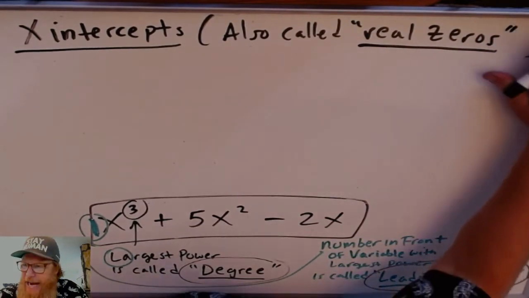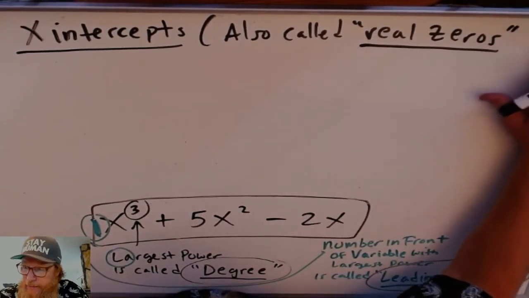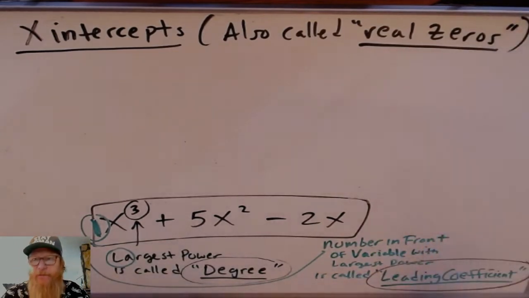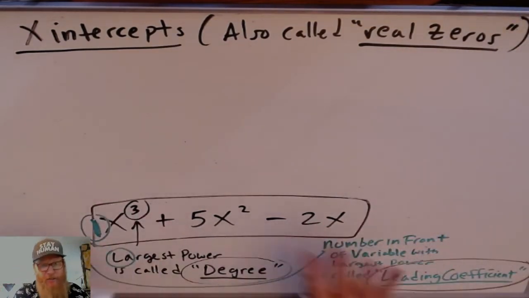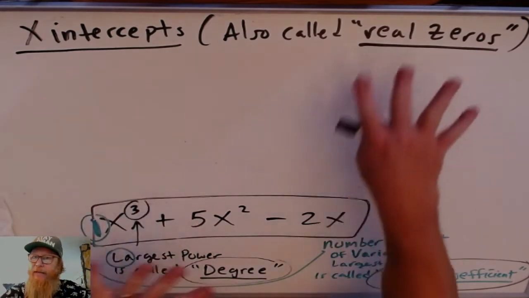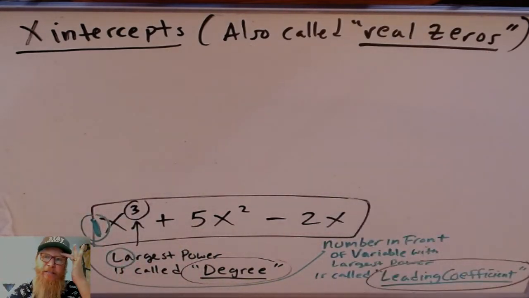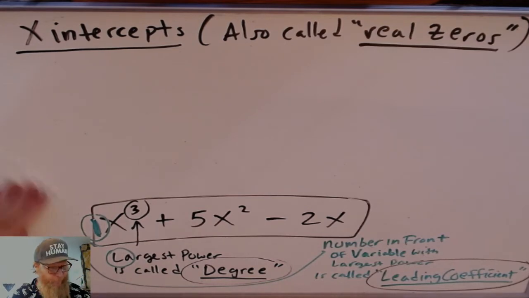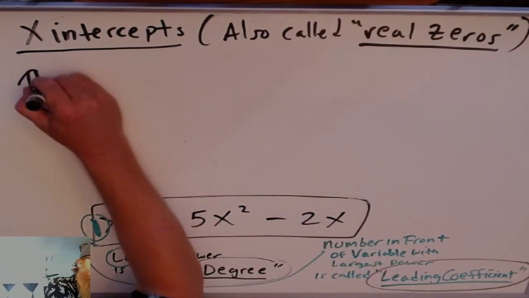There is a slight distinction that I will make at some point when it becomes important, but for this particular introduction to polynomials, I can say x-intercept, or I could say real zero, and I essentially mean the same thing. Okay. So we have a theorem.